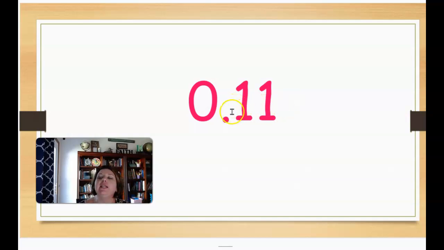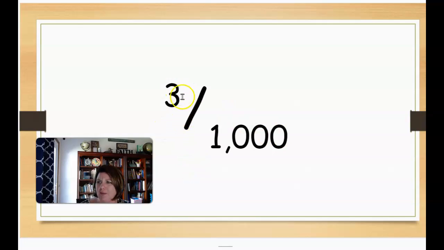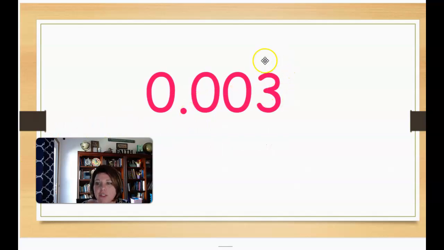However, if you get in the habit of saying decimals by their place value, it automatically turns those into fractions. So if you say 11 hundredths as this decimal, it's the same as the fraction. What about 3 thousandths? That's a 3 in the thousandths place.